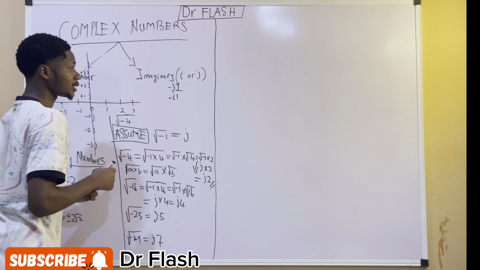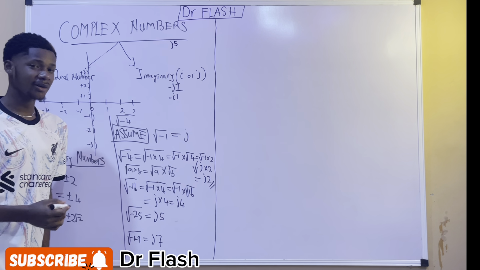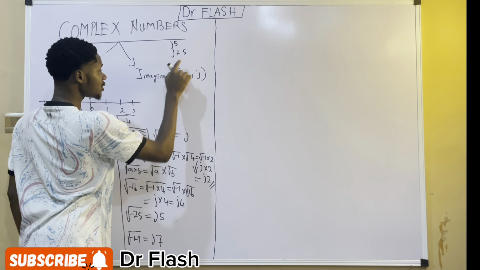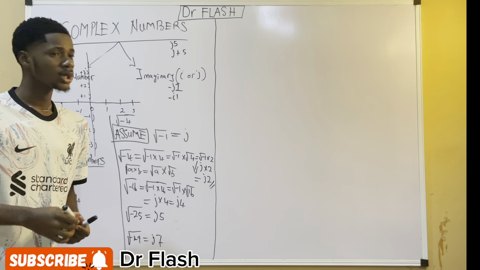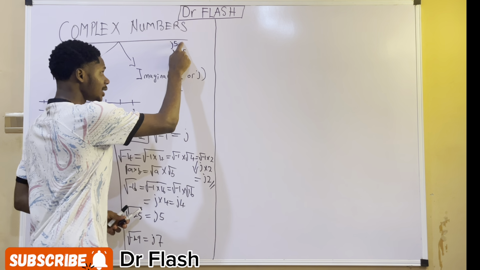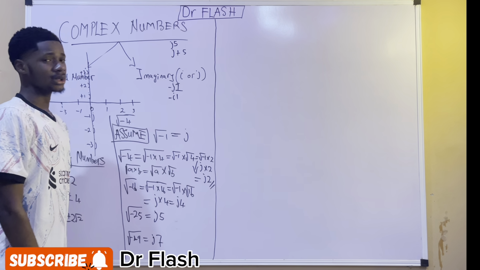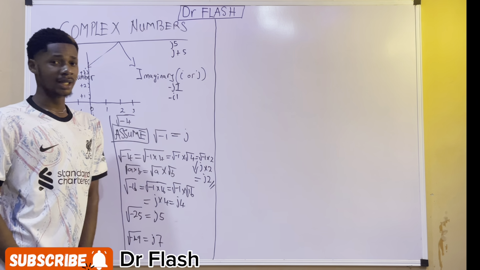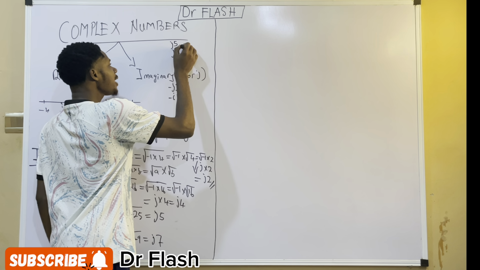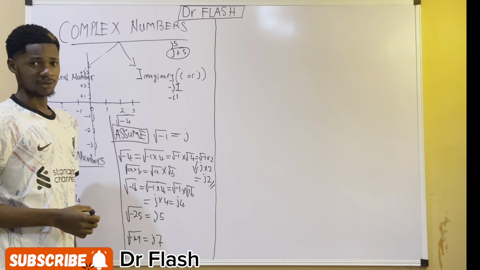But do take note that if I have, for example, j5, this is an imaginary number. But when we have j plus 5, there is a j here and there is a 5 here. This is not an imaginary number. Take note of that. This is an imaginary number. This is not an imaginary number. Now, why is the first one an imaginary number and why is the second one not? It is simply because when we are having two numbers adding each other, it does not tell us that it is imaginary.